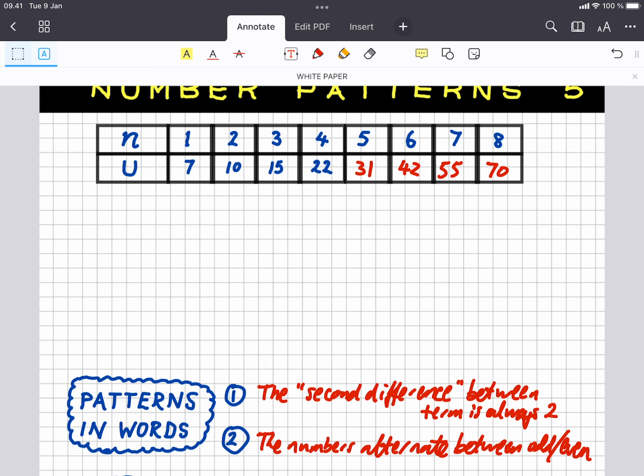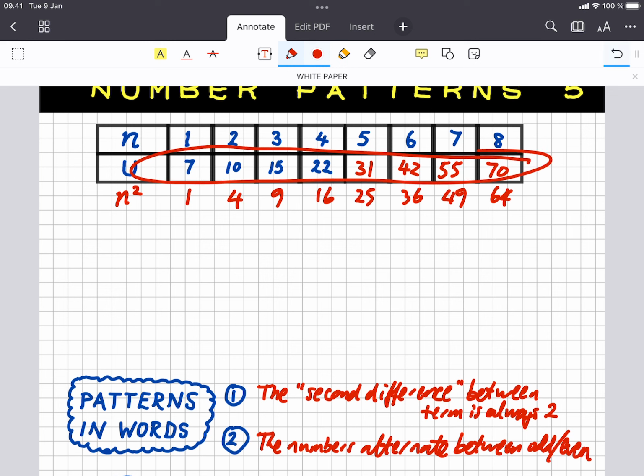So let's think about n squared: 1, 4, 9, 16, 25, 36, 49, 64. Now obviously that's not giving us the numbers we want, but let's look at how much we're missing from the numbers we want.